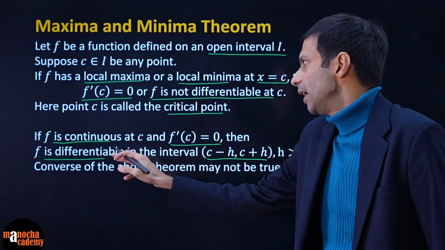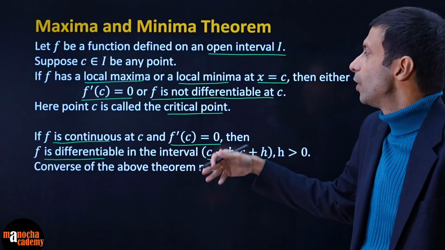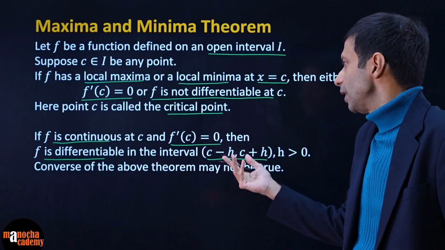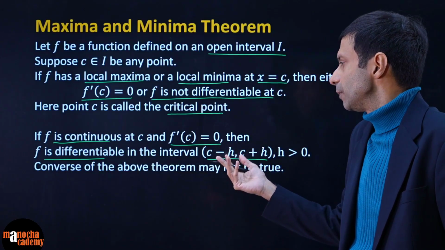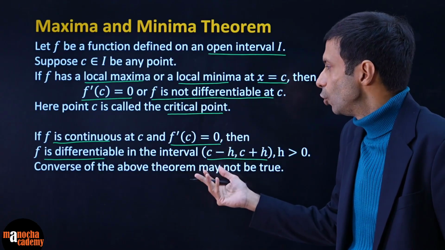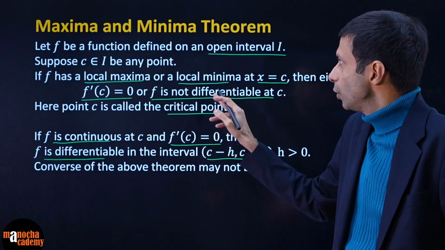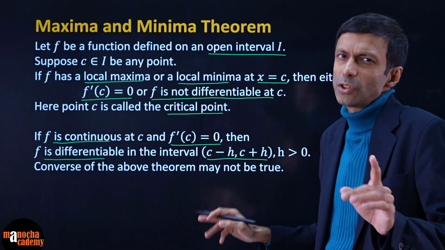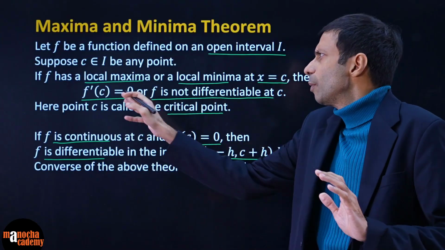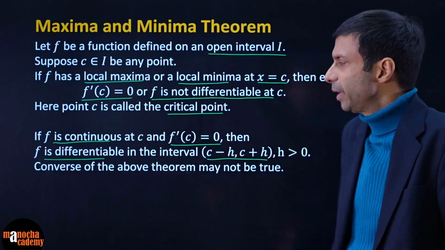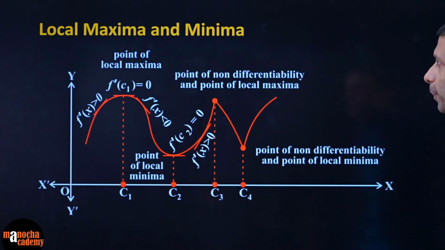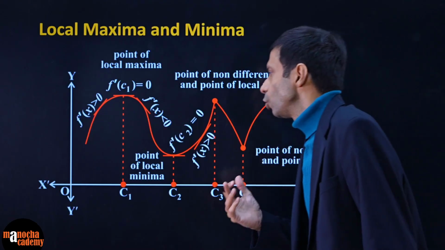But the converse may not be true. So you have to be careful that you may not be able to differentiate the function. There are special cases like that, but mostly our function will be differentiable, it will be easy. Let me show you those special cases.